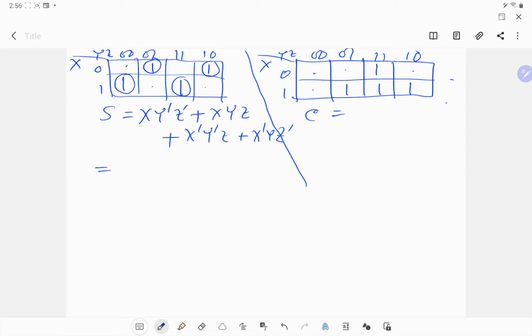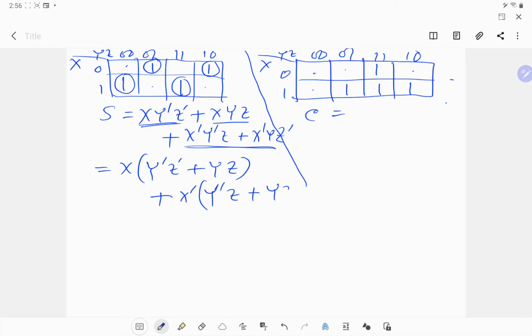Now between the first two terms we can take x, then it will give us x(y'z' + yz), plus between the third and fourth term we can take x', and this will give us x'(y'z + yz').